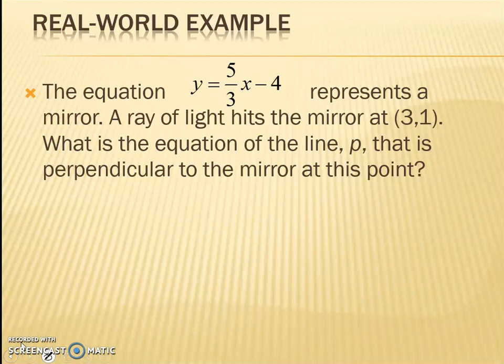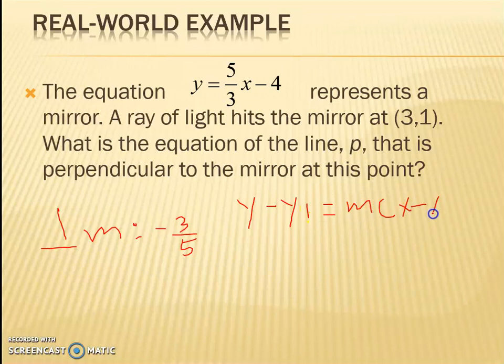Pause the video. So the new perpendicular slope will be negative 3 over 5. One is positive, one is negative. So the slope, we're going to put it in the point slope form because you have a slope and a point. So y minus 1 equals negative 3 over 5, x minus 3.